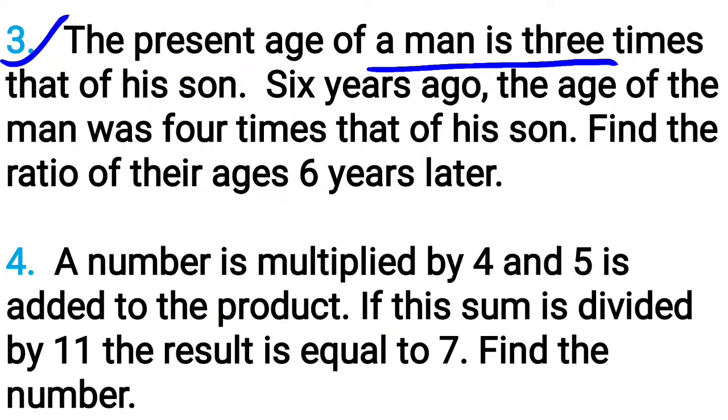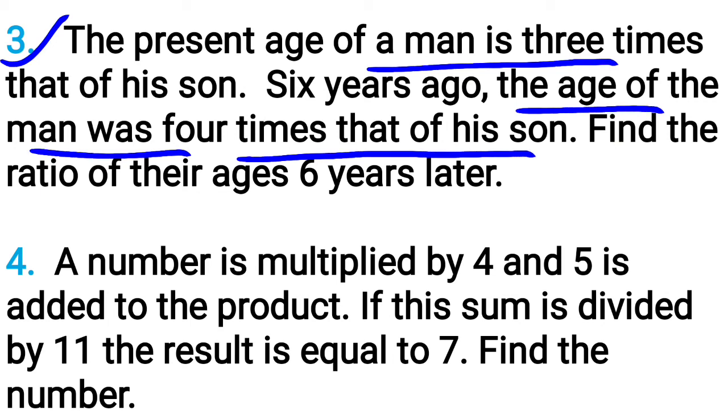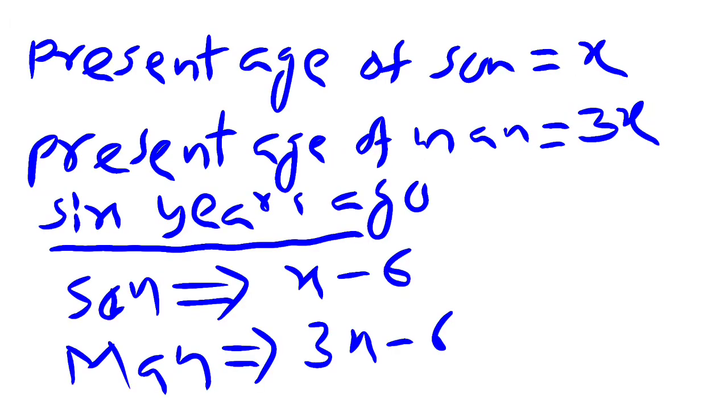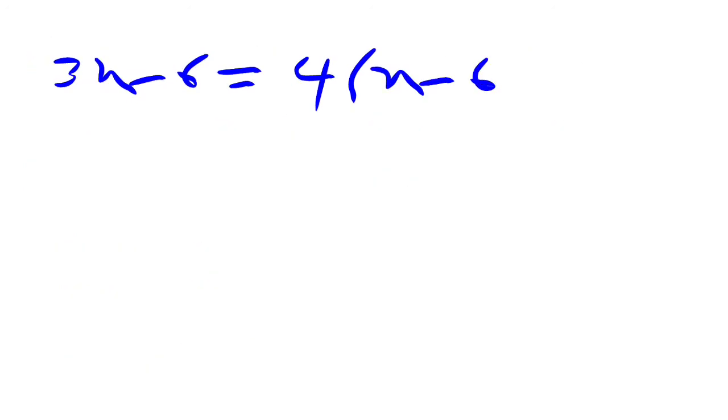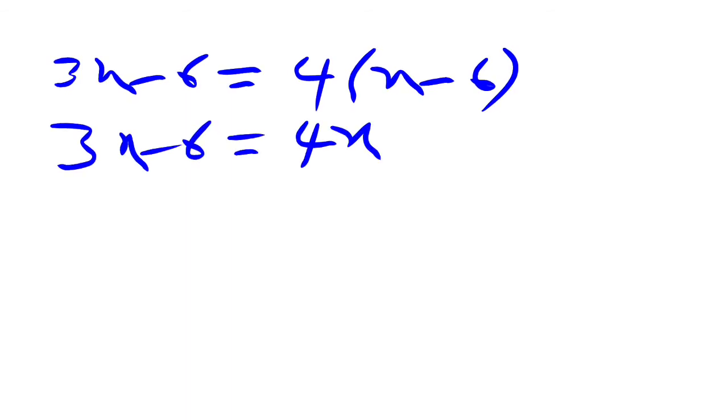Now the age of the man was 4 times that of his son. The age of the man is 3x minus 6, which is 4 times his son's age. What is the son's age? x minus 6. So 3x minus 6 equals 4 into x, 4x, minus 4 6s are 24.